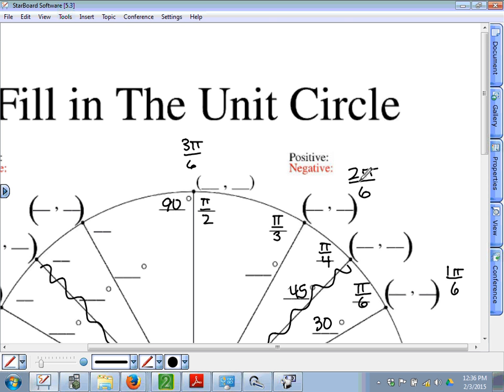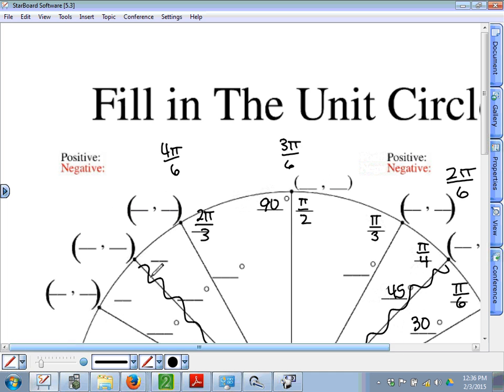What is 2 pi over 6? Pi thirds. And what's 3 pi over 6? Isn't that just pi halves? Yeah. So you do see the pattern here? 1 pi over 6, 2 pi over 6, 3 pi over 6. So what would the next one be? 4 pi over 6, but that simplifies to 2 pi over 3.